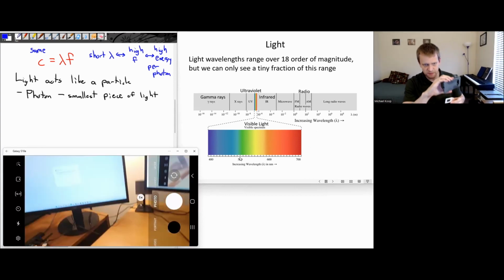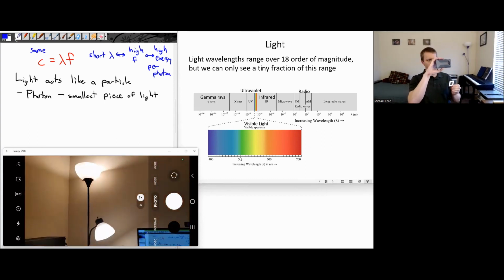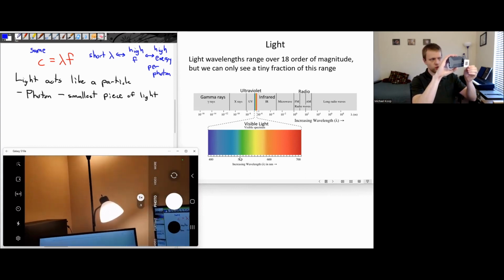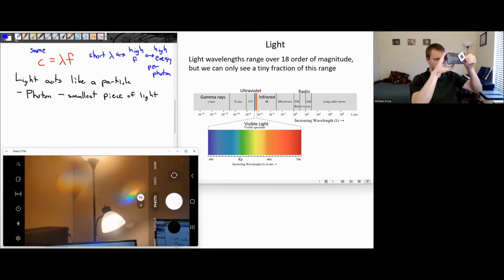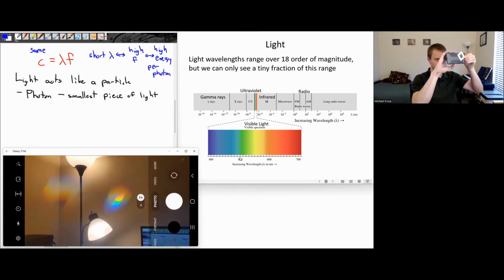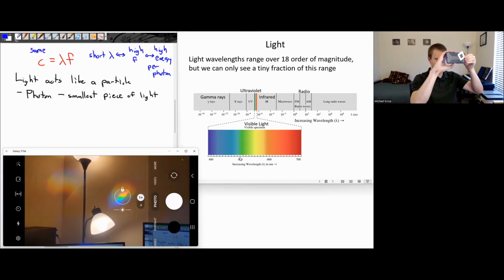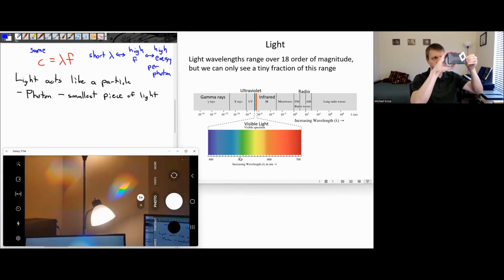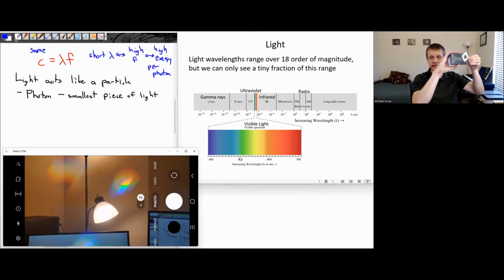So for example, if I take my camera and look at one of the light sources that I have here, and I hold this in front of the camera, it's able to take that light, and if I can hopefully focus decently on that, break it up into its individual colors. If we measure exactly how much of each of these colors of light is present, we can learn a ridiculous amount about the source.